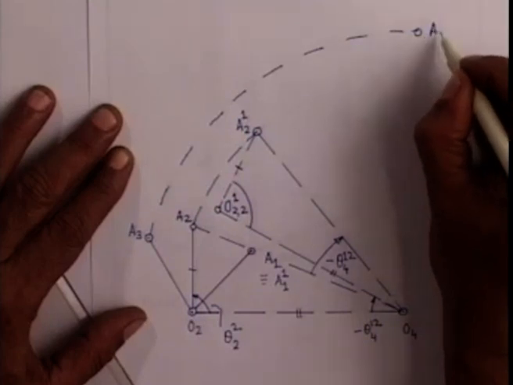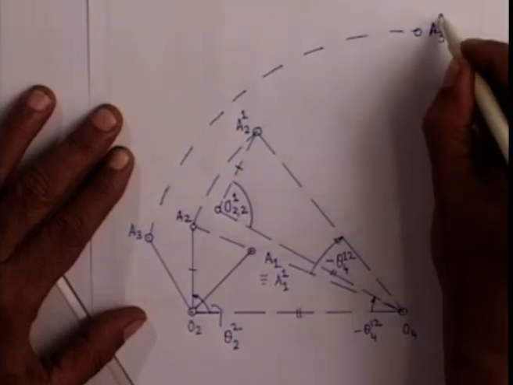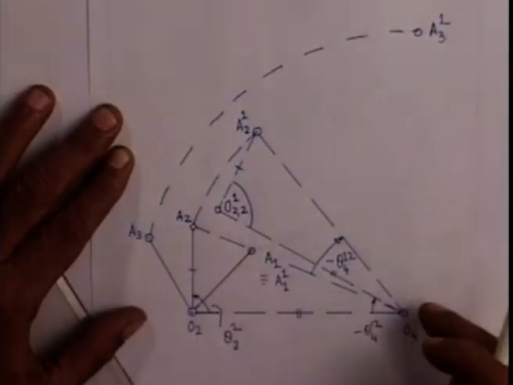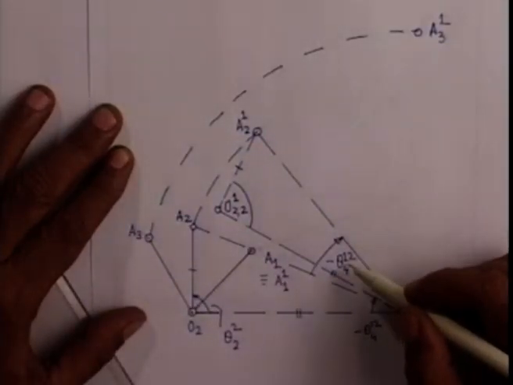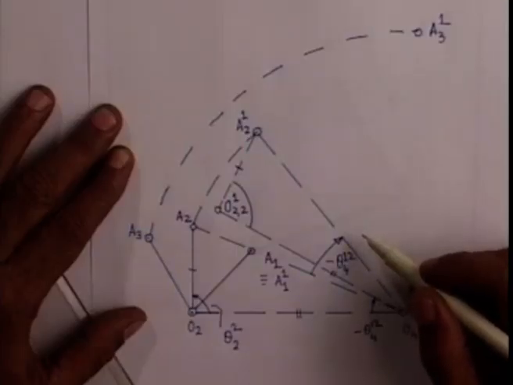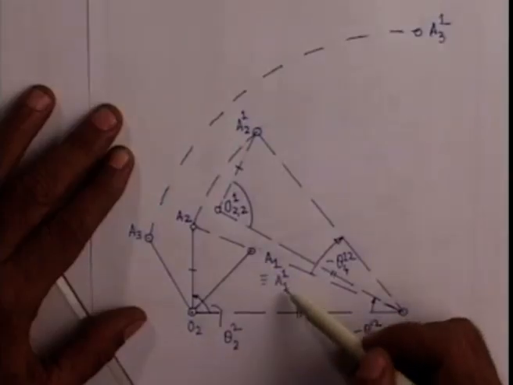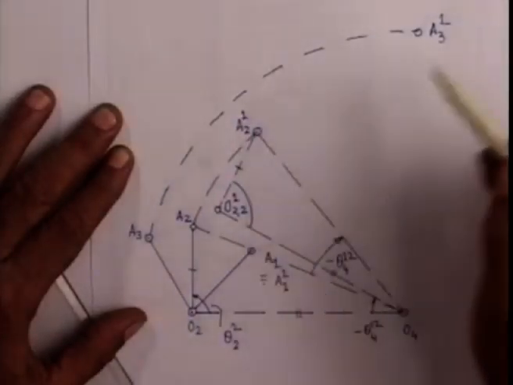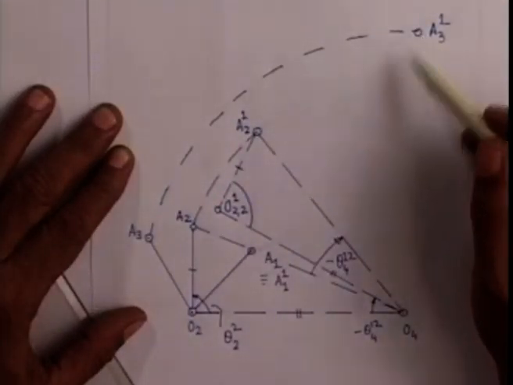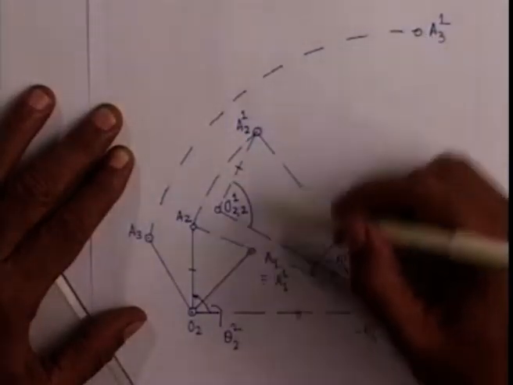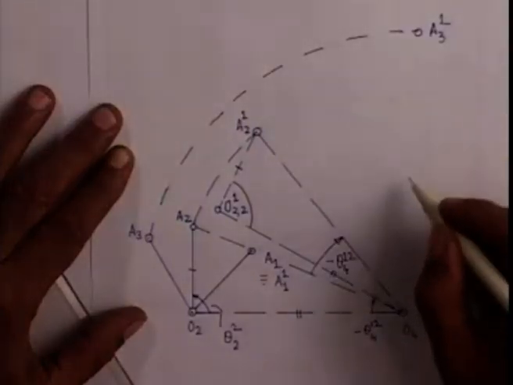This I will call A31, and O4A3 is rotated by minus theta 413. So we get the three inverted positions A11, A21 and A31, and B1 is nothing but the center of the circle passing through these three points. So I can easily determine where B1 is.